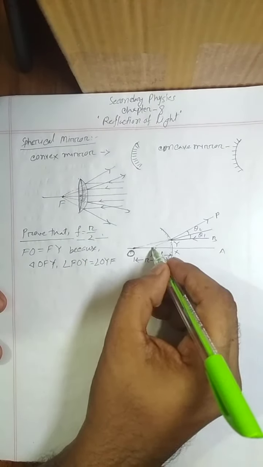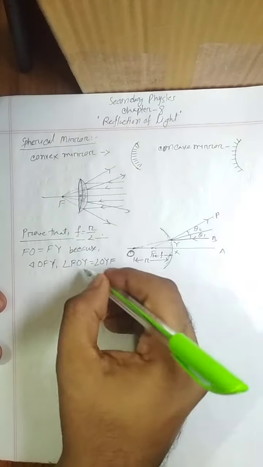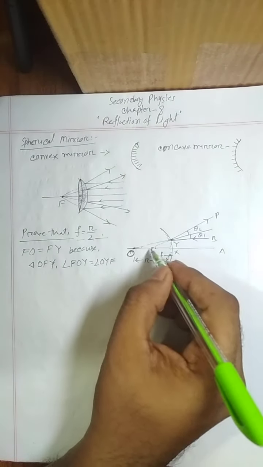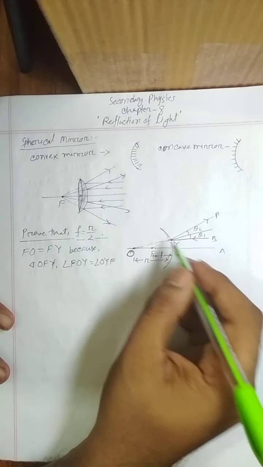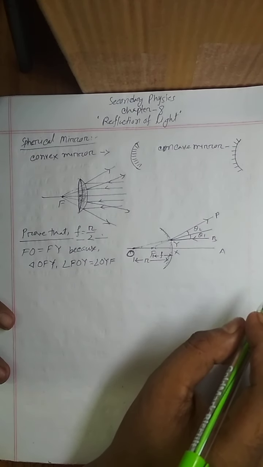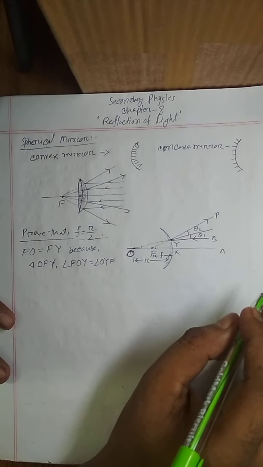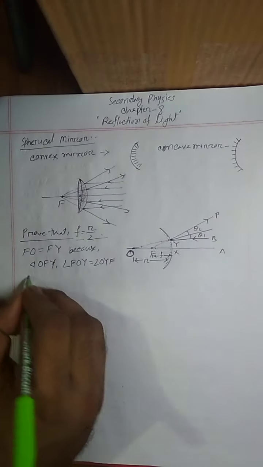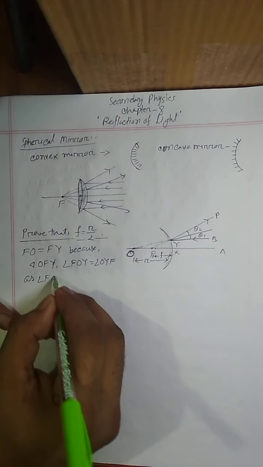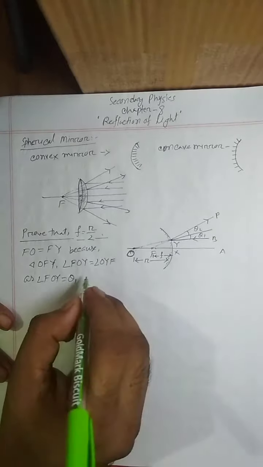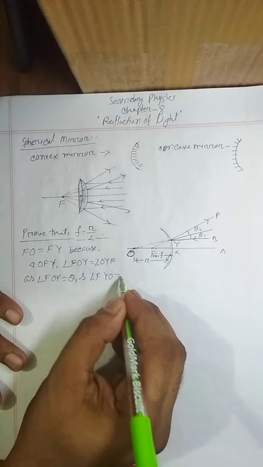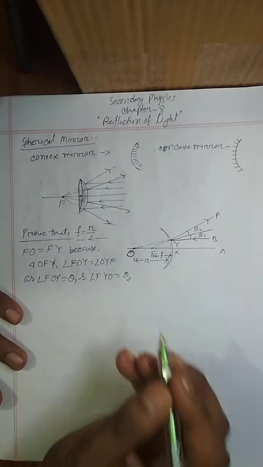FOY is equal to OYF. This one. Okay. As FOY is equal to theta 1 and FYO is equal to theta 2.